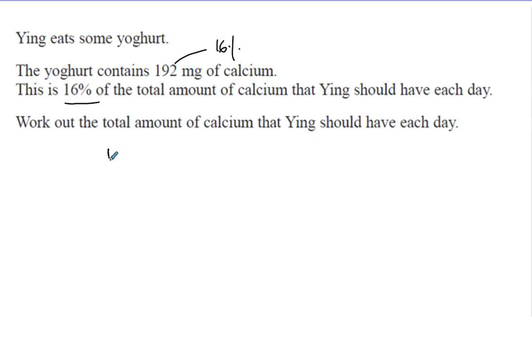Okay, so 16% is 192. So 100% is that divided by that times that, and you get 1,200 milligrams. Okay, yeah, good. So read the question.